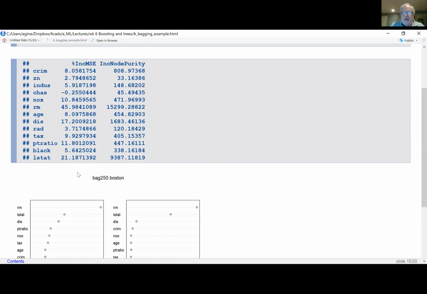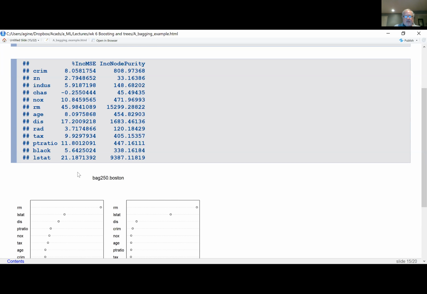Because in this set, as I recall, there were 700 different zones. So once you get to 700 nodes, you can always split it so each node has just the one value, and then you're perfect, right? But if you use that tree, you're going to do perfect on your training data, but you way overfitted, and it's reasonable to expect that when you give it new data, you're going to see very bad results.